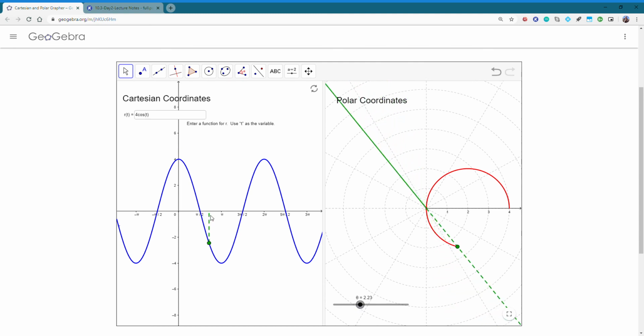We can see that on the left. We have this dashed line, that's showing us that our r is negative. And so here we're coming out in that negative direction. As our angle moves from pi/2 to pi, we're coming out in this negative direction more and more until we come out 4 when our angle is pi.